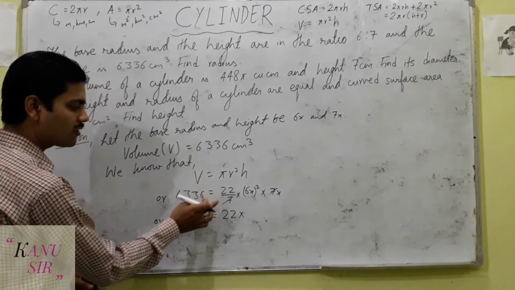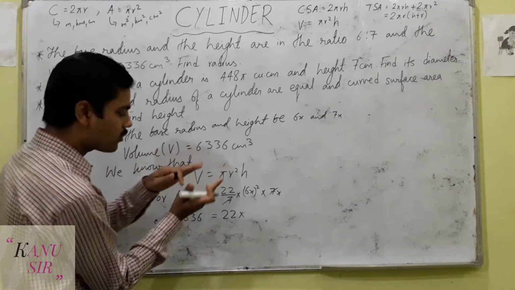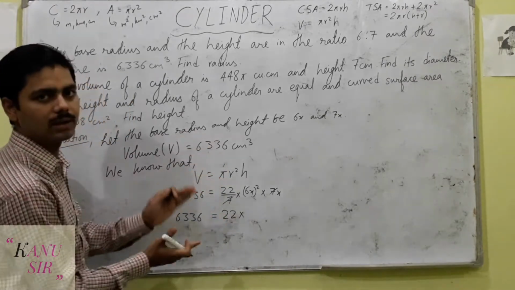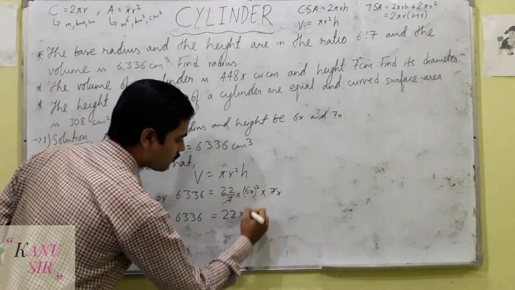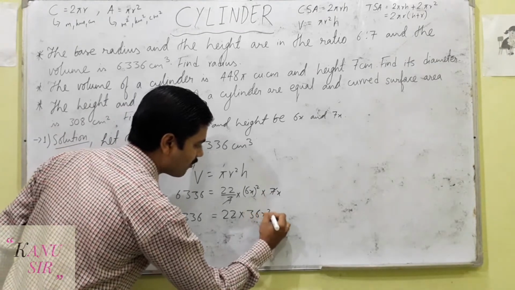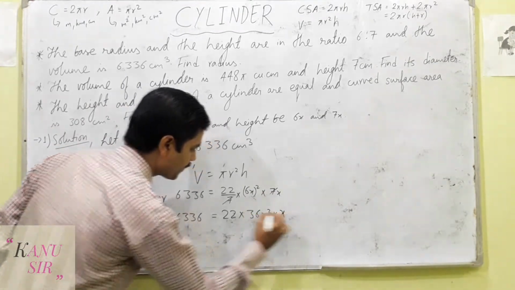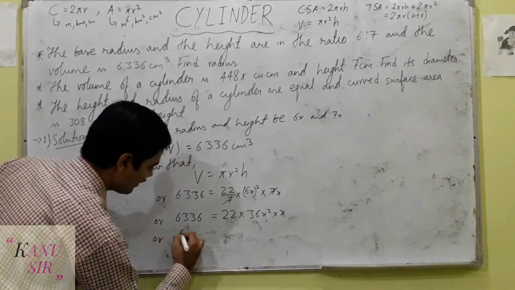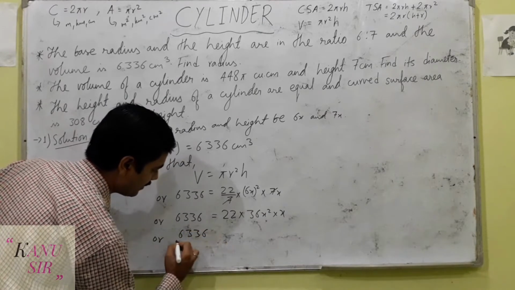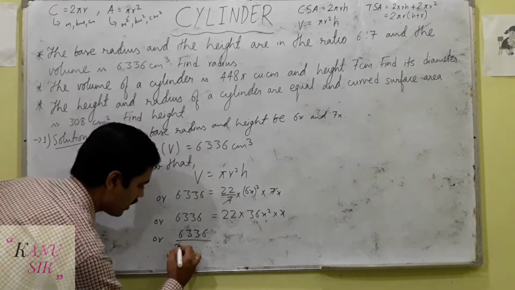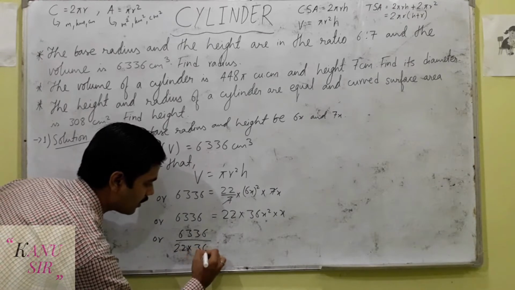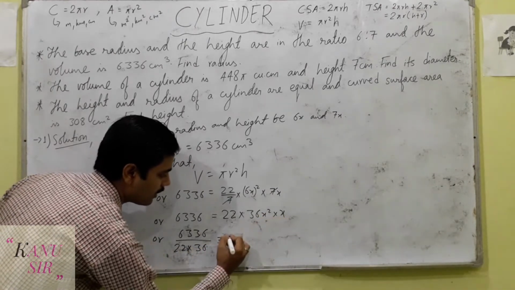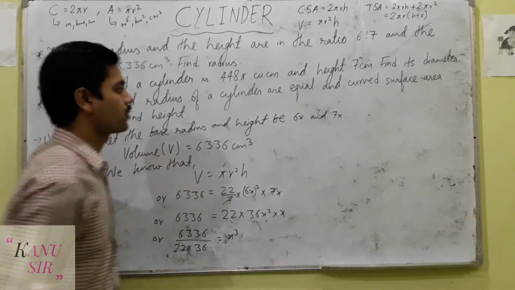Whenever you get two lines, try your best to make one line so your solution looks small. 6 times 6 square is 36x square, and there is x, or 6336 divided by 22 times 36, x square into x will get x cube.